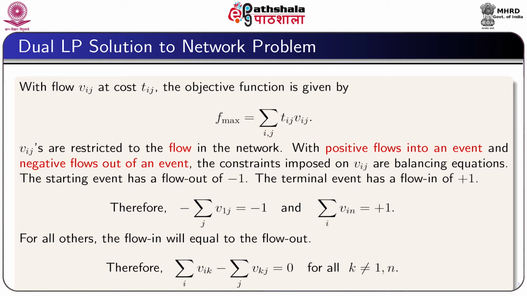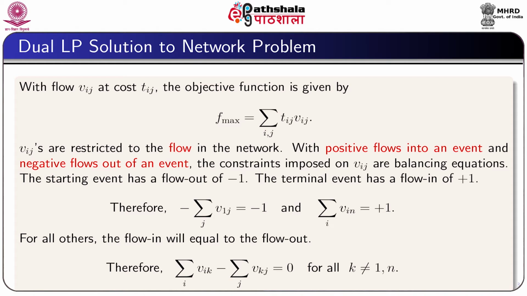Here Vij's are restricted to the flow in the network. With positive flows into an event and negative flows out of an event, the constraints imposed on Vij are called the balancing equations. The starting event has a flow out of -1 and the terminal event has a flow in of +1.